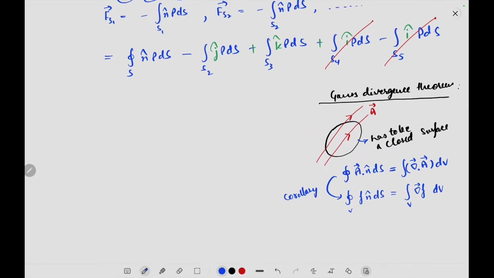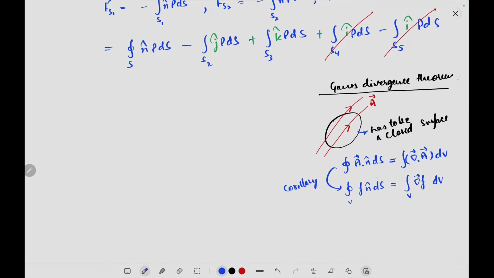Alright, now we can see here that this f is a scalar. The same thing, this can be identified, sorry, this is s. So this expression here can be identified with this expression, right?